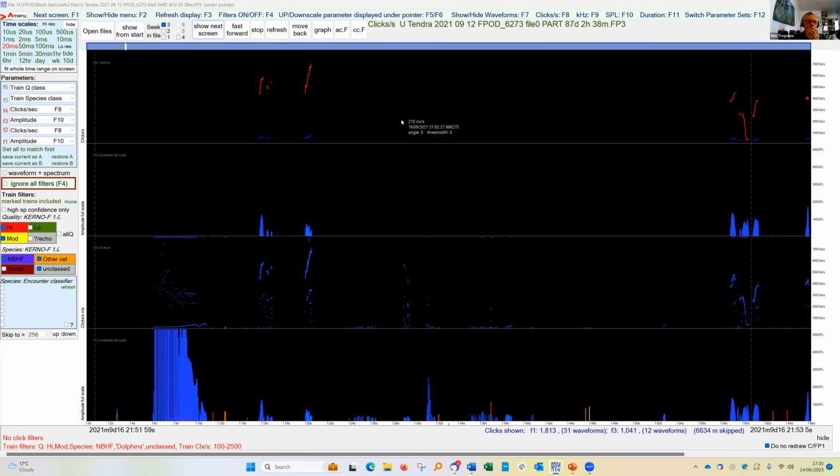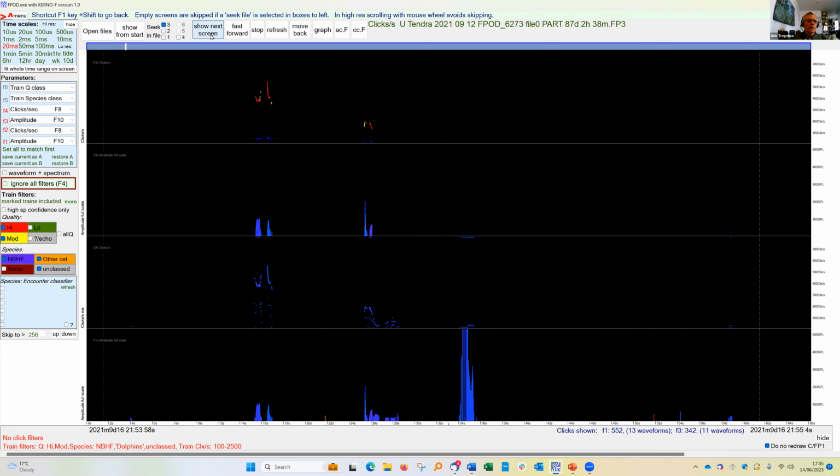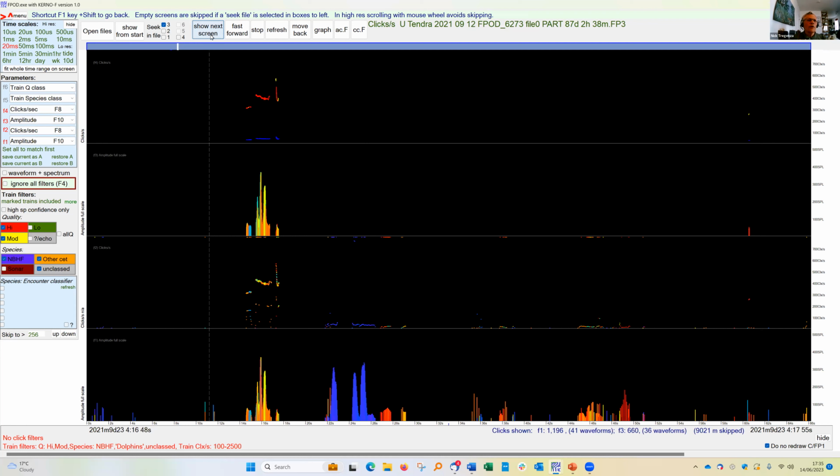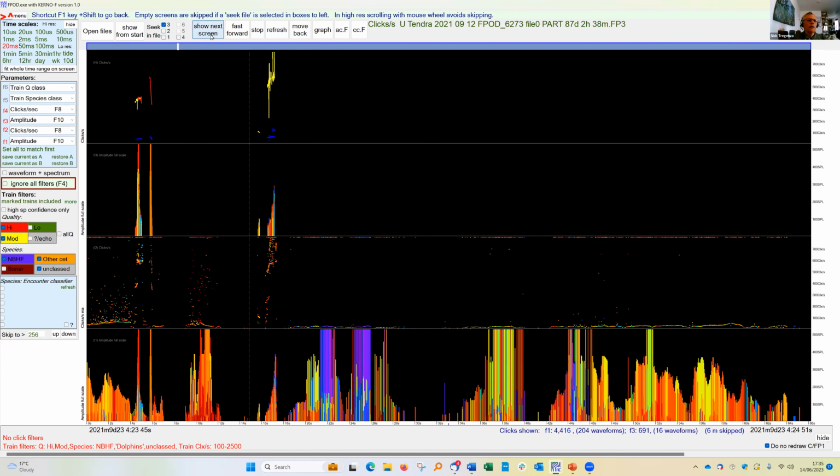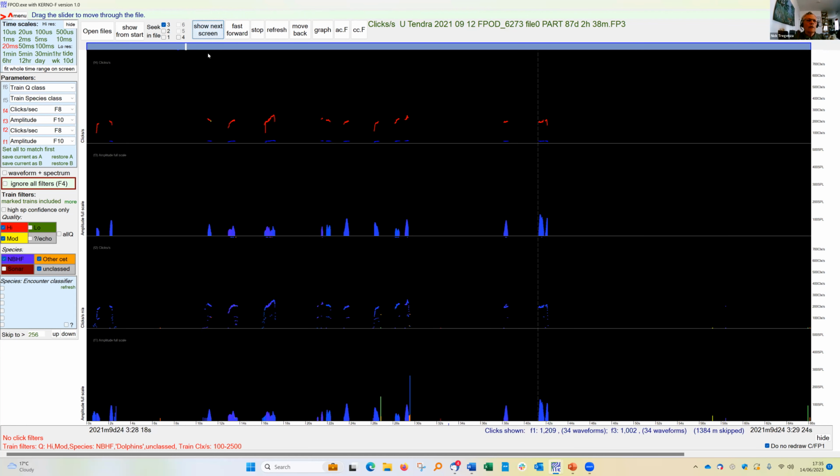Okay, so we've now got at least 256 clicks in a screen, and we're looking for repeated discrete patterns. Those are repeated, but there's only 2 of them. So let's move on. Nothing very obviously repeated there, or there, or there.